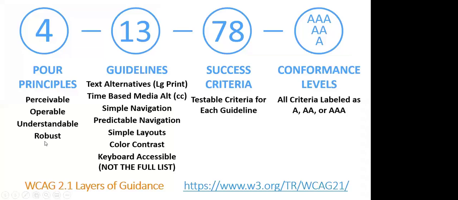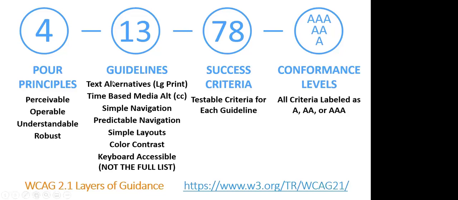After you've got your 4 principles, each one of those principles breaks out into 13 guidelines. I didn't put them all here because they won't all fit, but I pulled in a couple of them just so you can get a flavor for them.